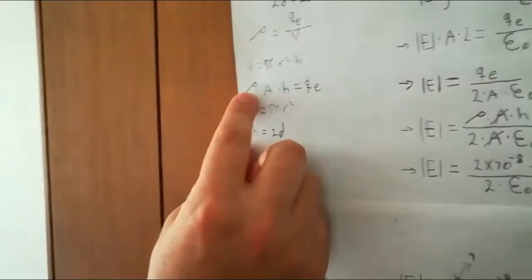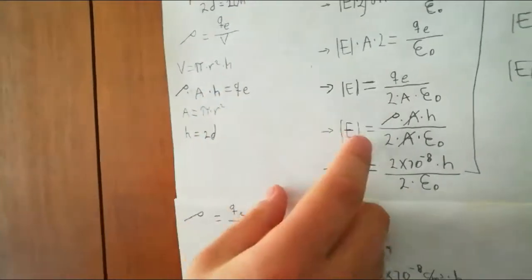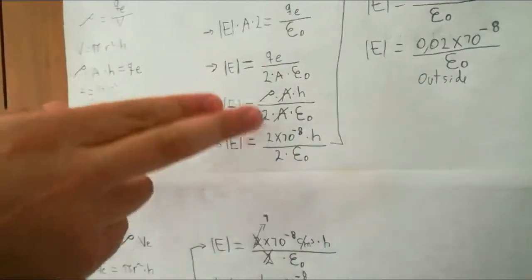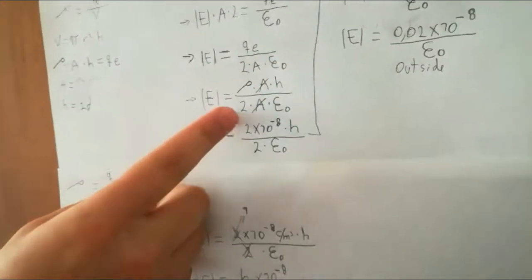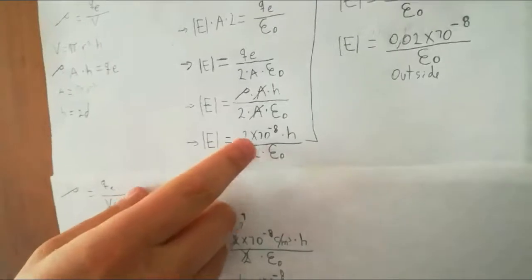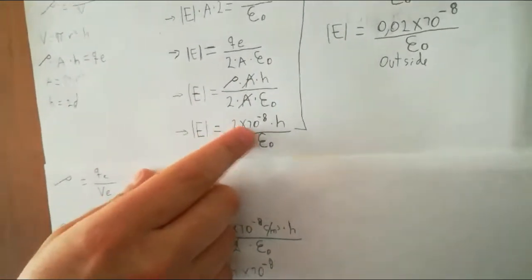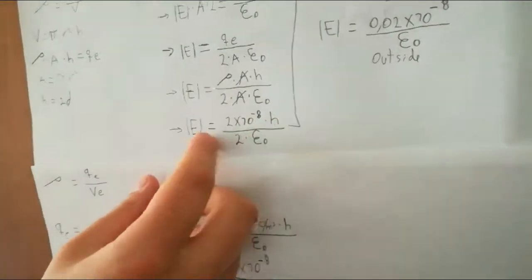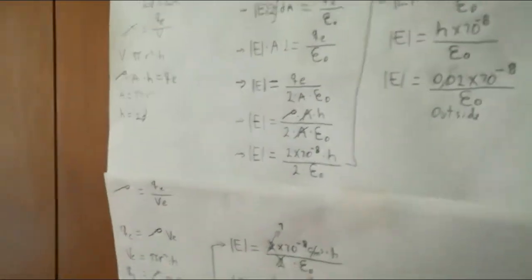That is rho, the density of the charge, multiplied by the area multiplied by the height. Because we already have an area underneath, we are dividing, so we are going to cancel the areas and we're going to get this expression. Why? Because rho is 2 multiplied by 10 to the power of minus 8 multiplied by height, over 2 multiplied by the permittivity of the vacuum.